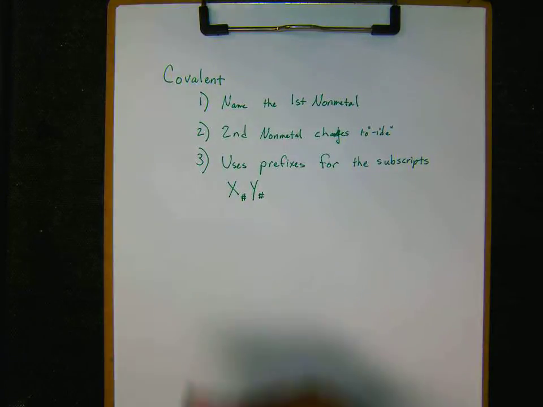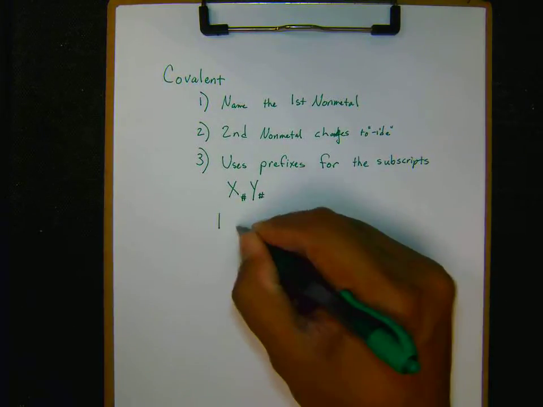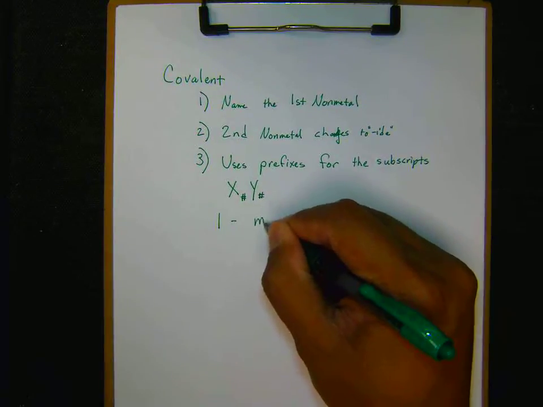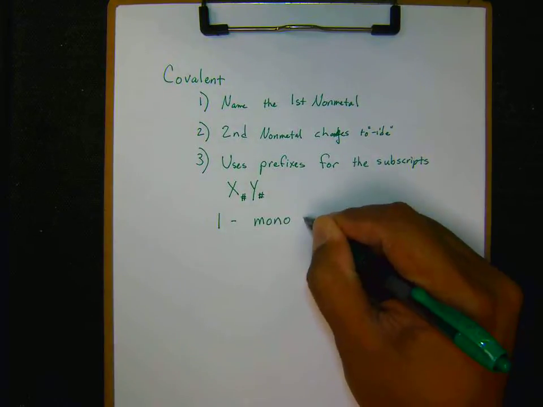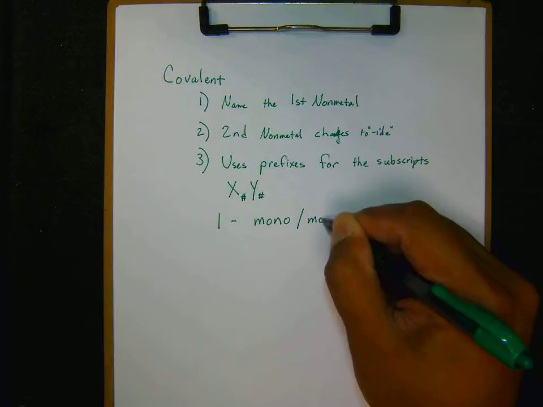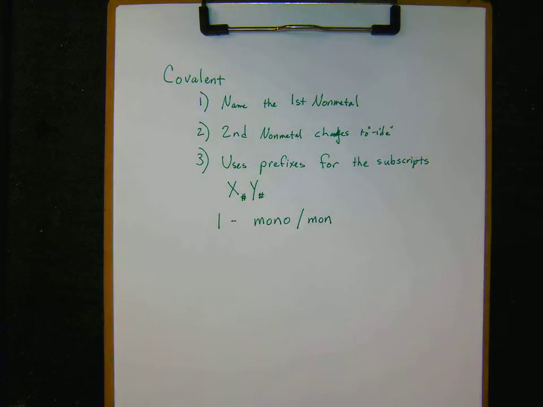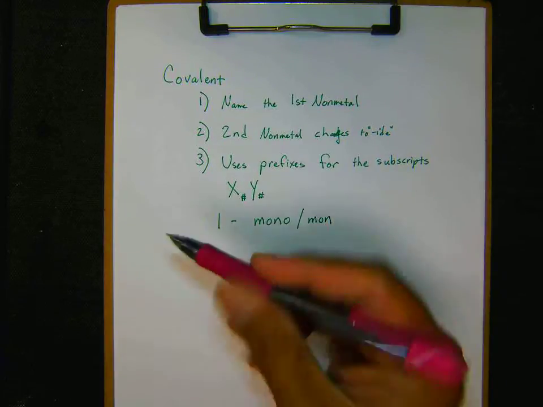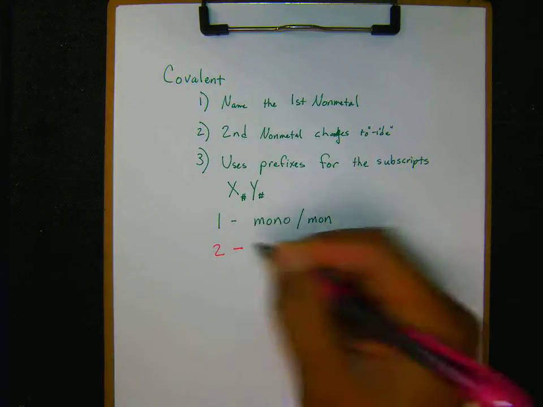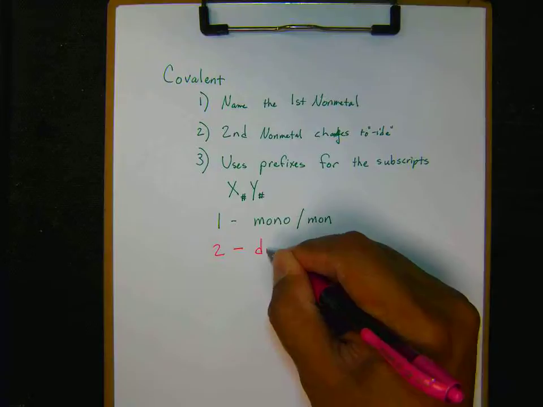So if the subscript is 1, we use the prefix mono or mon. Okay? If it's 2, we use the prefix di.